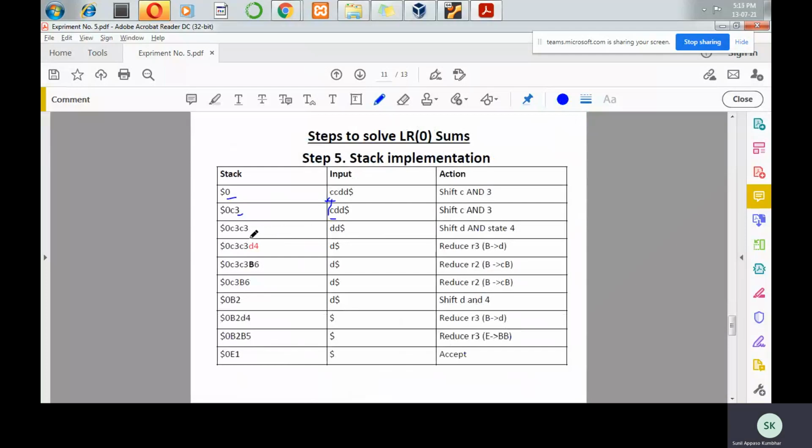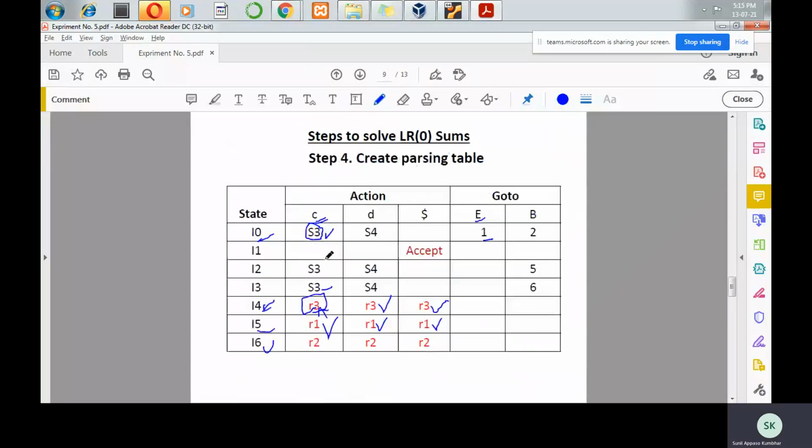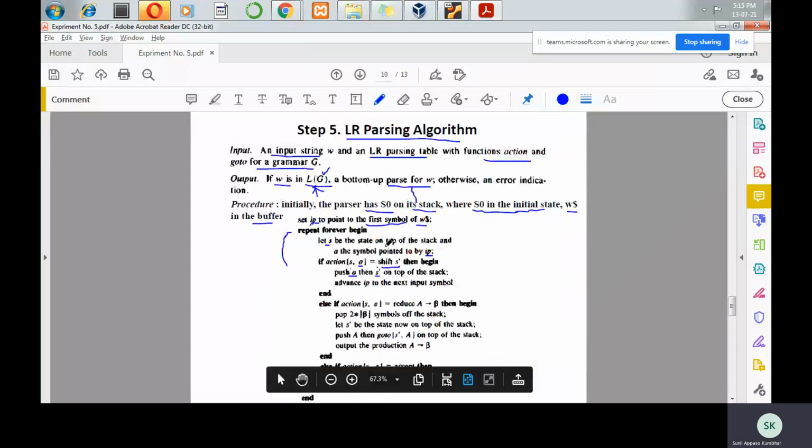Now 3 with D, we are having a shift entry, yes. So we shall push D and then the state 4. So 4 with D, let me check it out.